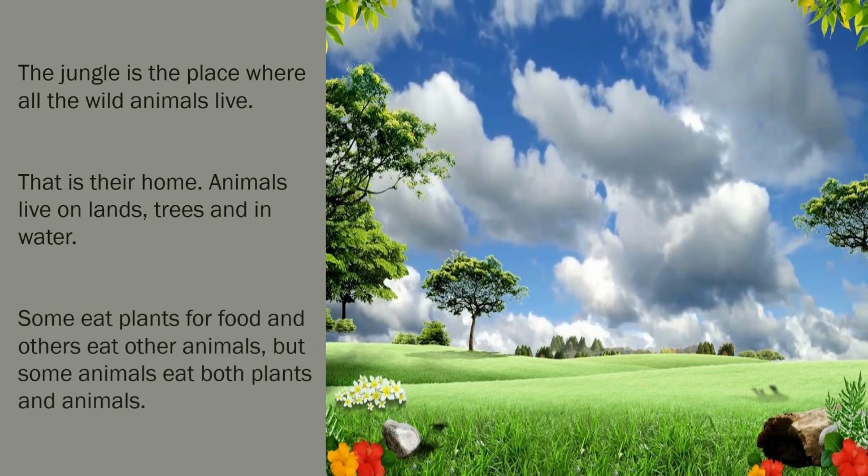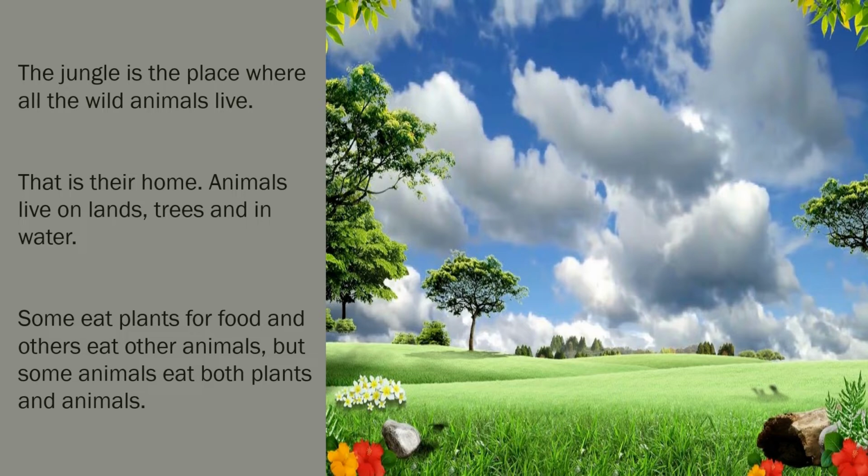Now, some of the animals eat the plants around them for food, like the trees, the grass, and so many more. But some of the animals cannot eat plants or leaf or the grass.